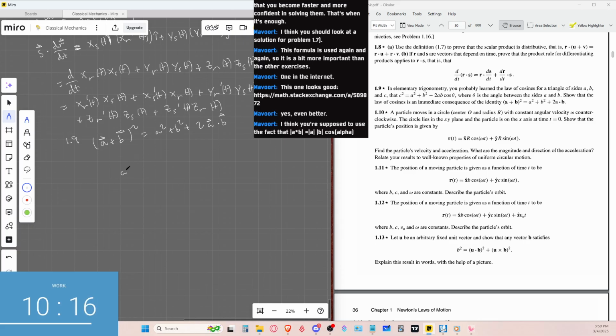So on the left side, the dot product on that side would be 2 times x of a times the x of b.